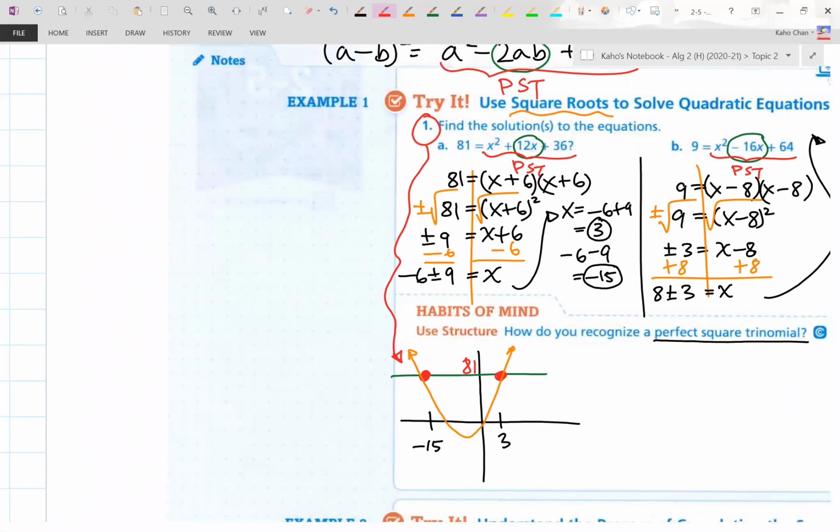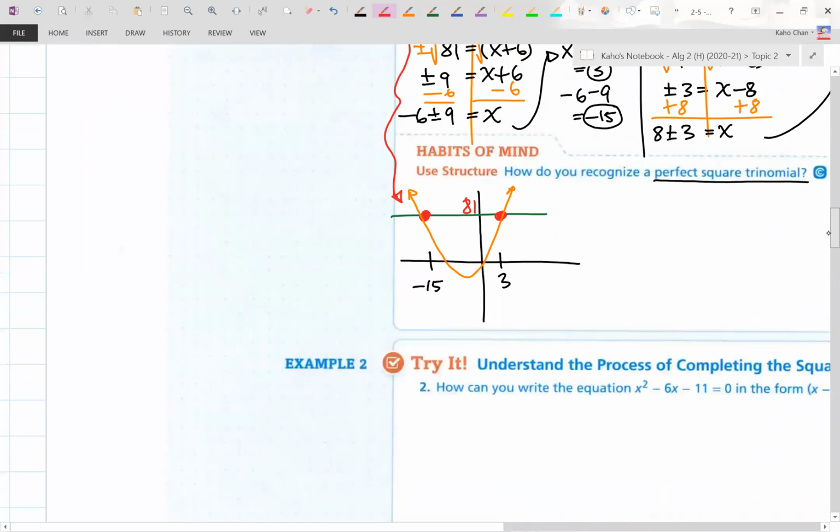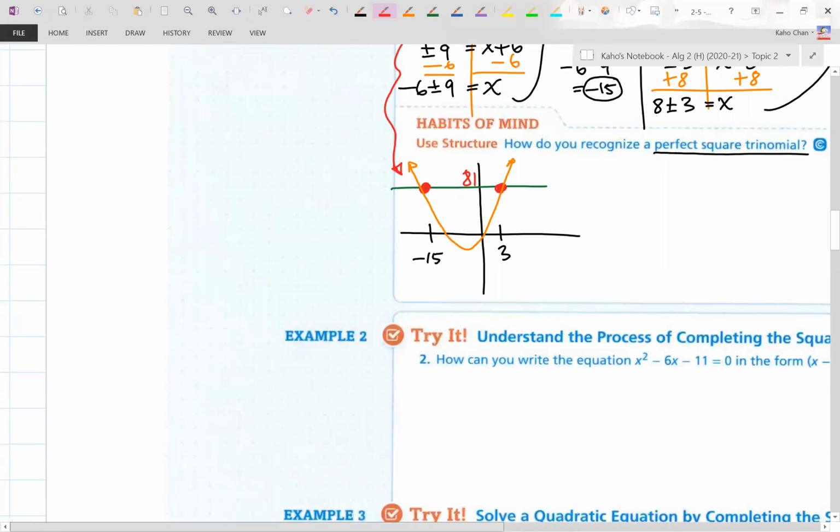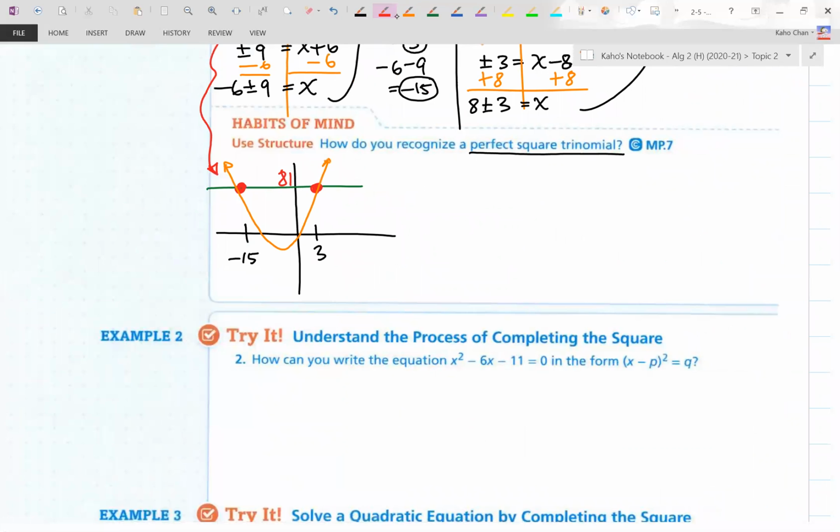All right, the next problem involves, for number 2, something called completing the square. You should have done this in Algebra 1, but I'm going to remind you of it right now, how to complete the square. Completing the square creates a situation where you move the quadratic from standard form into vertex form, okay?